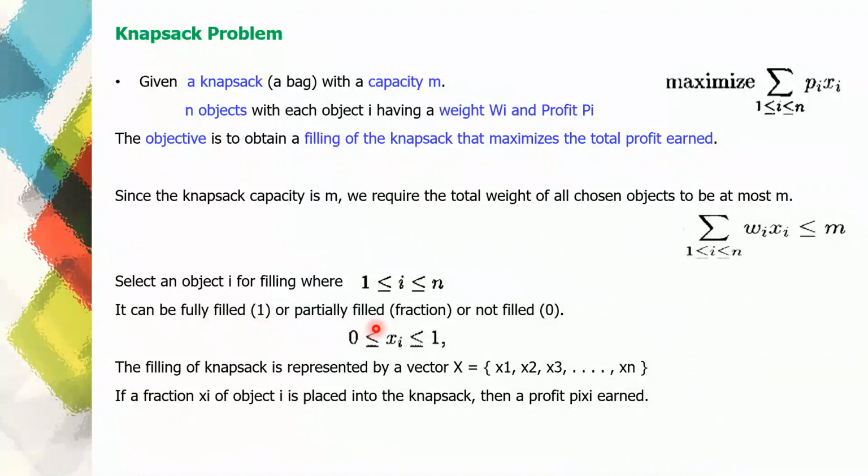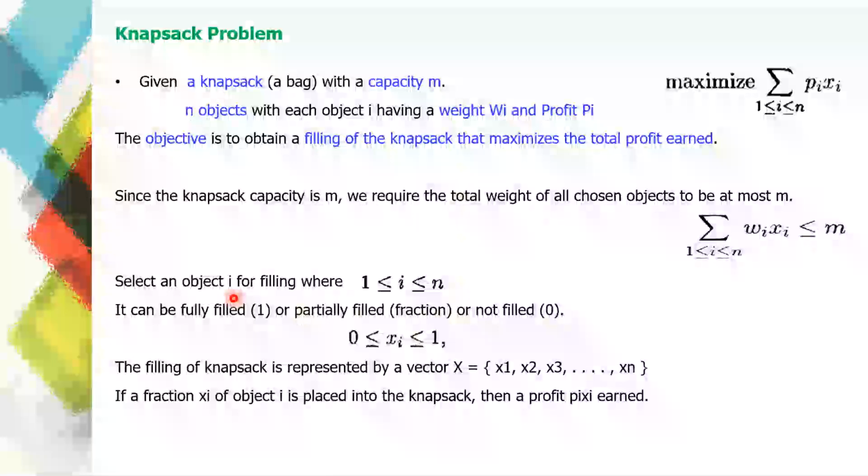I may partially put it into the bag. I may put half the item into the bag. Then the Xi value will be some fraction. I may decide I'll not put it into the bag. Then that particular ith object's Xi will be equal to 0. Now you have to take up a selection procedure. In each stage, you are going to select an object i.